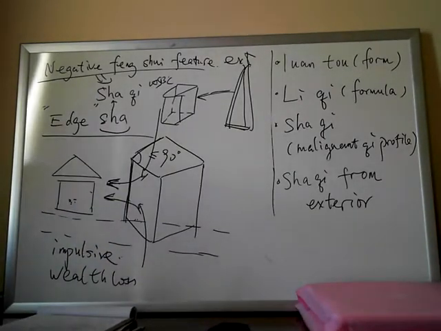Once the Bank of China building was built, the people working in HSBC got a panic attack. As background knowledge, people in Hong Kong really care about feng shui, so once they see this negative feng shui feature, the psychological effect would be great.